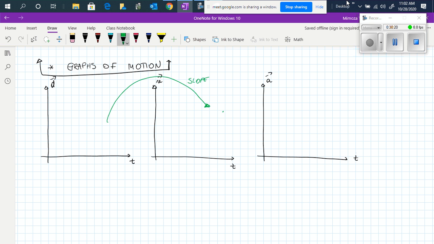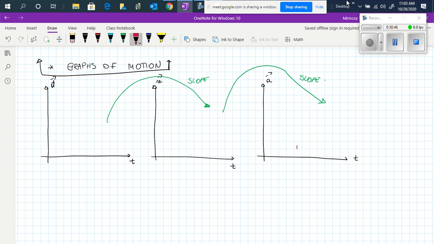And if we know the velocity time graph, and we need to figure out what is happening with the acceleration time graph, again, we calculate the slope of the velocity time graph, for parts of the motion or the whole motion.